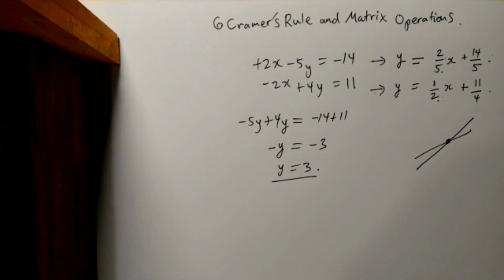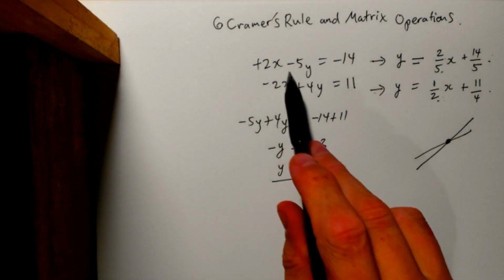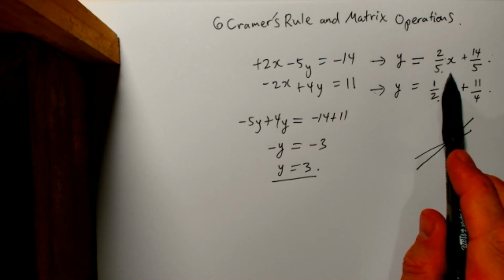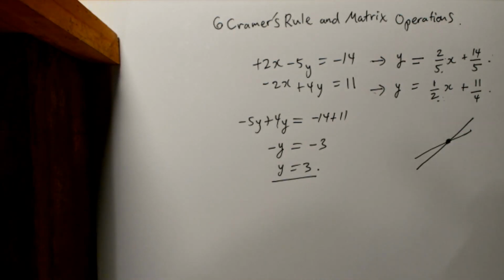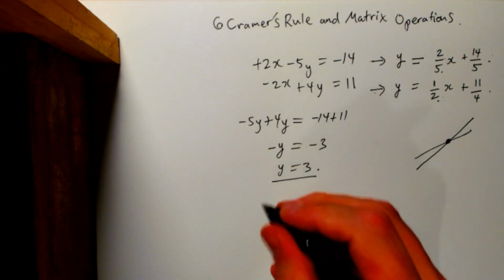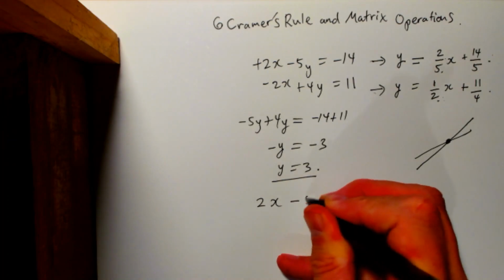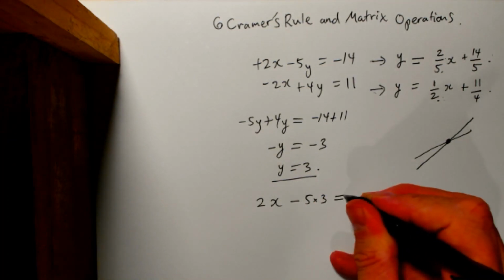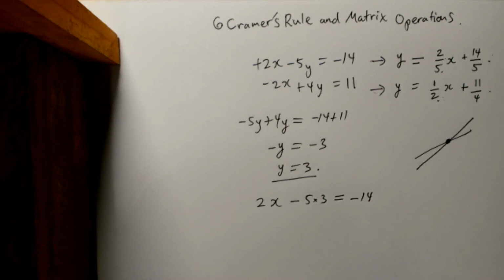Now for the other one we can just back substitute, but we can actually just use this form and then solve for x. But actually let's sub in here. So 2x minus 5 times 3 equals minus 14. Okay, so that's minus 15 right there.